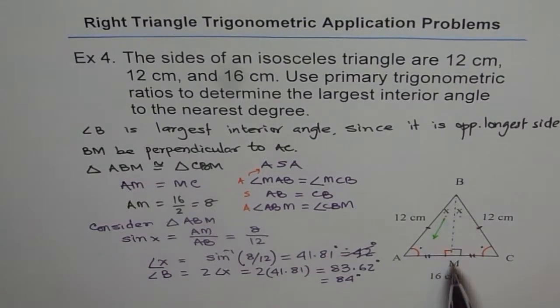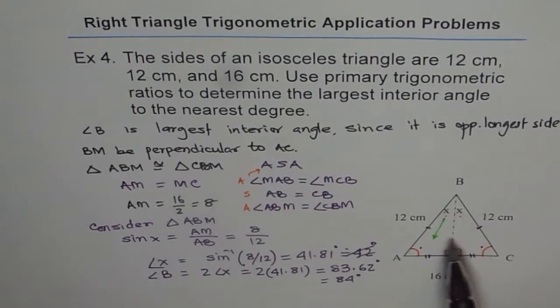In doing so, we divided the triangle into two triangles, triangle ABM and triangle CBM. And we found that these two triangles are congruent, since one of their sides is equal, the included side between the two angles, and the angles were equal. Because of angle, side, angle, these two triangles were congruent.